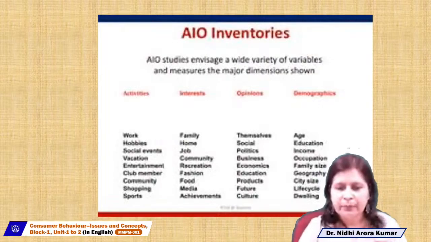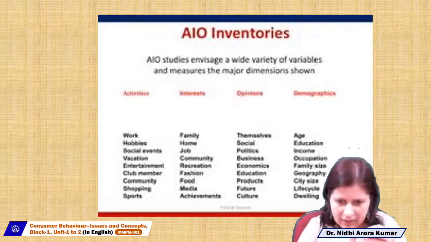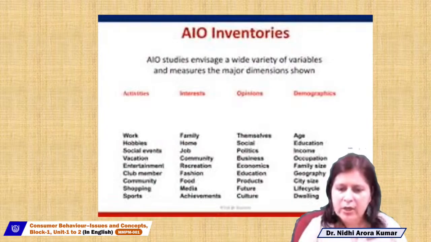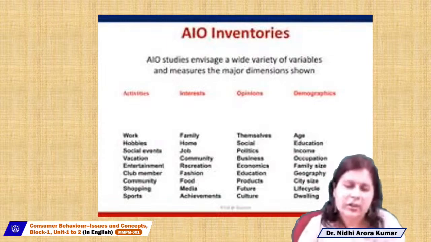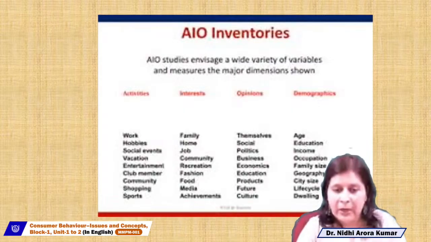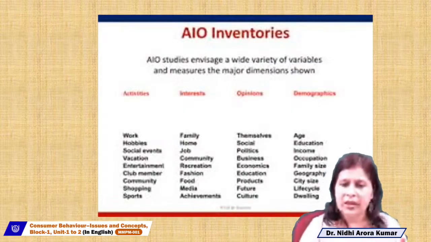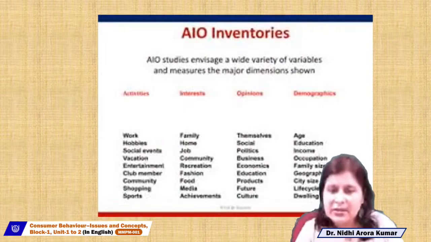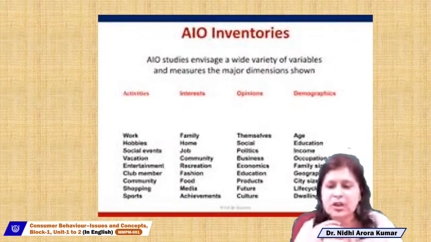Interest includes their recreational activities, fashion, food, media, achievements, then home, jobs. All these factors are very important, which show the interest. Then the opinion about society, opinion about politics, business, economy, education, product, future, culture, right?